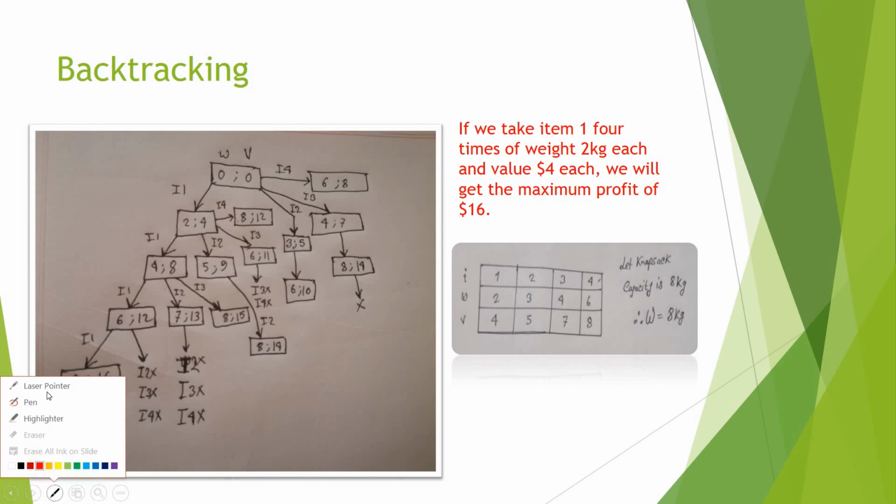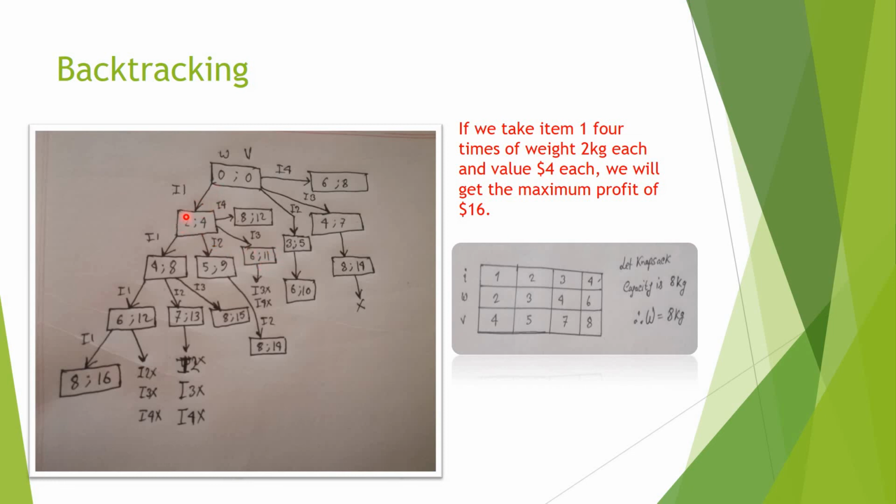The point I want you to understand is that if you are taking item 1, then item 3, you could take item 1 again, but in this backtracking diagram, we can't do so. If you are taking item 1, then item 3, you can only take item 3 or item 4, but not item 1 or item 2. So the maximum value is found to be 11 here.